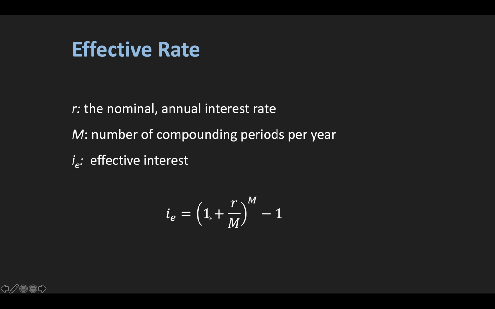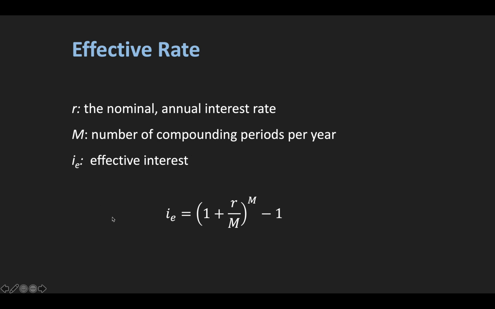And how we calculate it is to use R divided by M, where M is the number of compounding periods per year. If it's monthly, then M equals 12. If it's compounded quarterly, then M equals 4. So that's how we calculate. Then we raise it to the power of M, minus 1. That gives us the result.